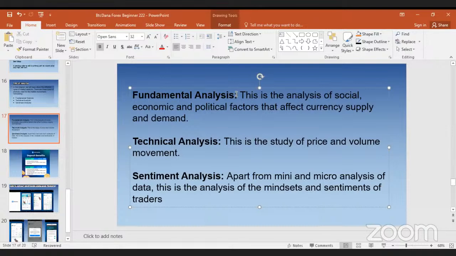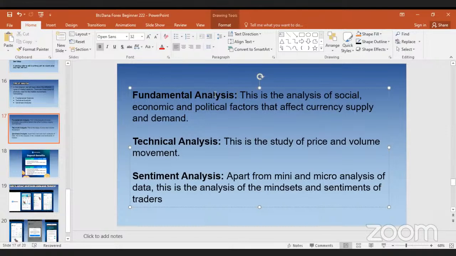So assuming you want to trade the Nigerian naira against the Niger currency, Niger will be dropping because of the factor that is affecting their economy. They have a political factor affecting their economy right now. That is what fundamental analysis is all about.